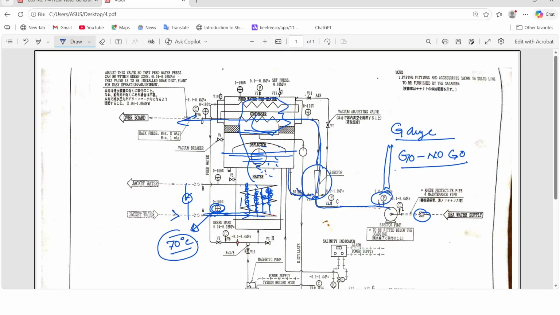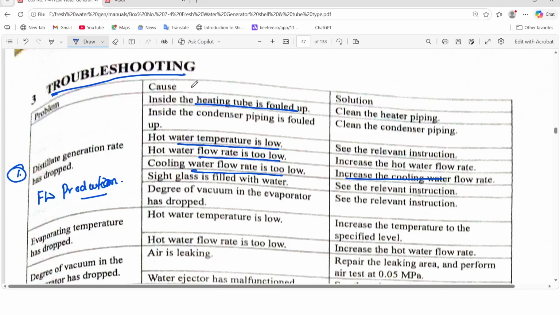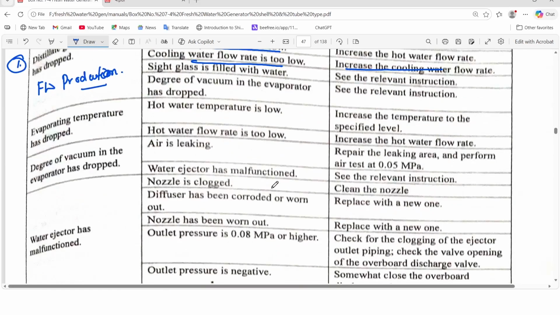Next is evaporation temperature has dropped. That means the temperature in the evaporator, because the temperature here depends directly upon the heating medium.